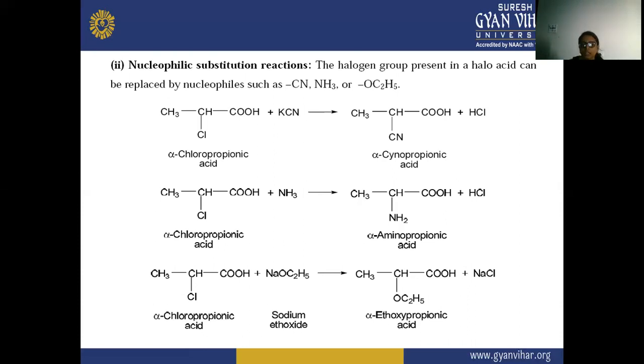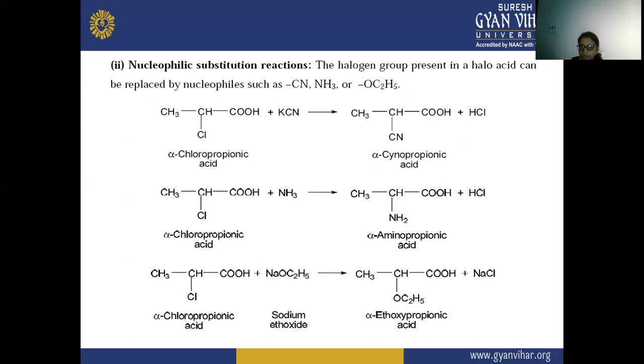So this is your CH3CHClCOOH plus KCN. That is your alpha chloropropanoic acid, and when it is reacting with this nucleophile, that is your potassium cyanide, then this cyanide will substitute the chlorine with itself.